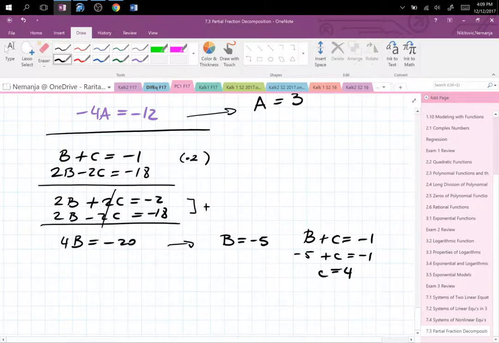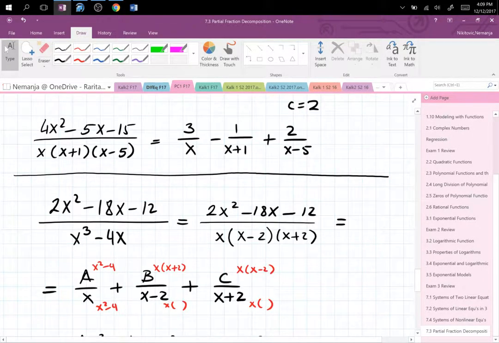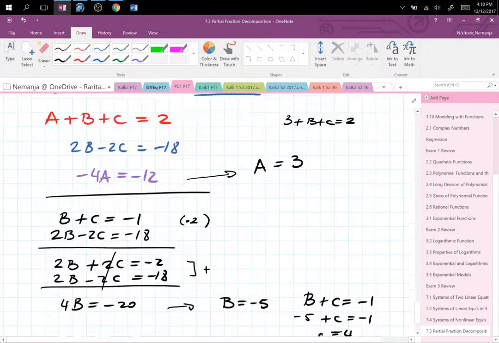So a is 3 over x, b minus 5 over x minus 2, and then plus 4 over x plus 2. So minus and plus? Yep, minus then plus.